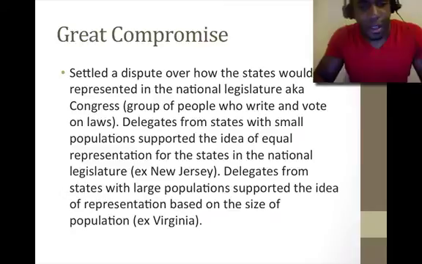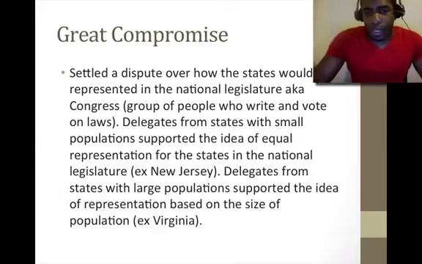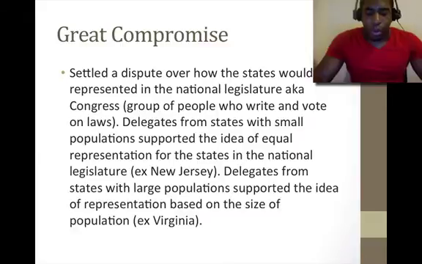Connecticut said, "Hey, how about we make Congress into two bodies? We have the House of Representatives, and we can have the Senate. The Senate will be for every state that's inside the union. You have two members in the Senate." This is the reason why today the Senate has a fixed number, only 100 members, whereas the House of Representatives is based on population.